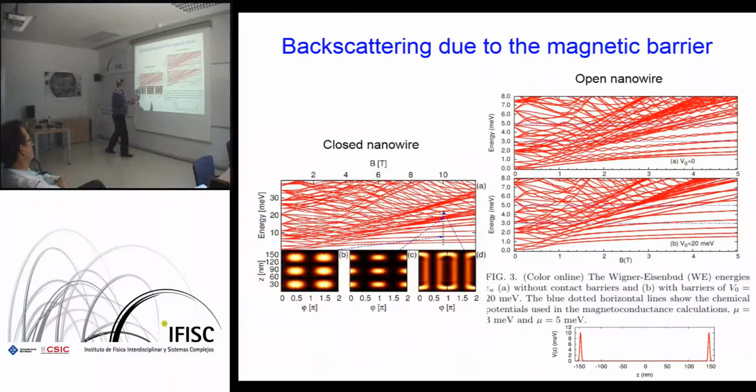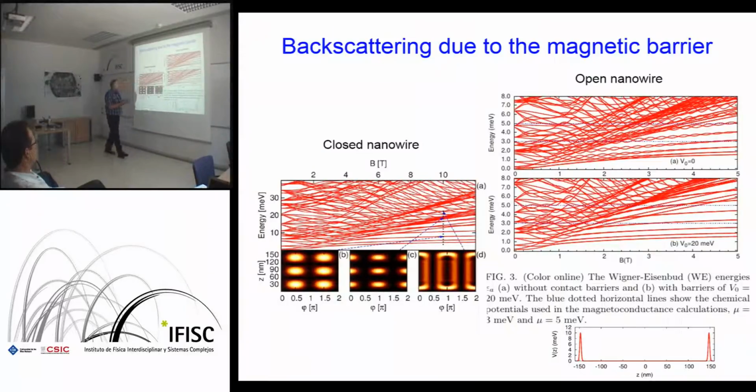If we attach potential barriers at the ends of the nanowire in such a way that we reduce the coupling and have a weak contact, we indeed obtain the same results as for the isolated nanowire.